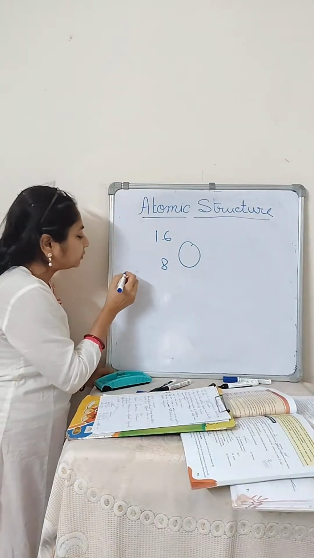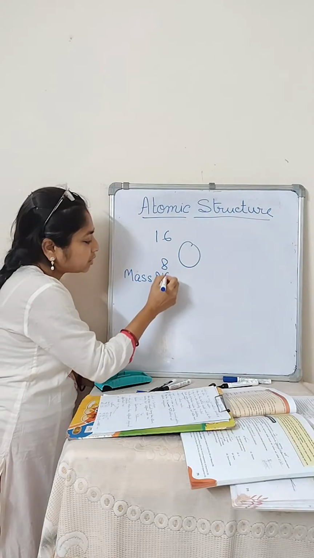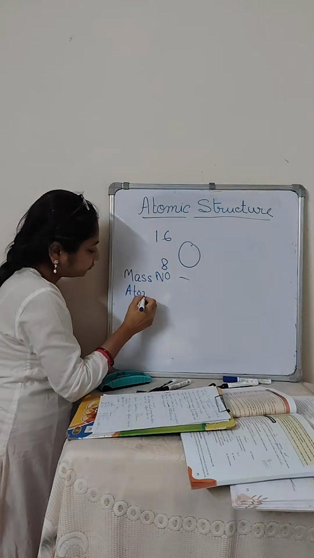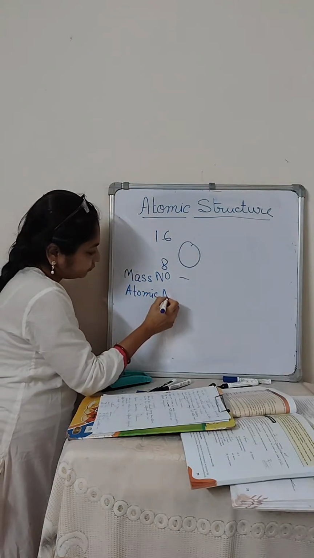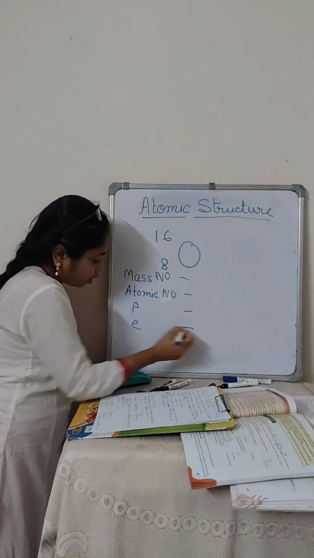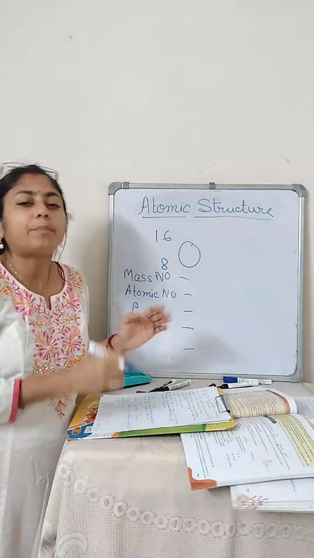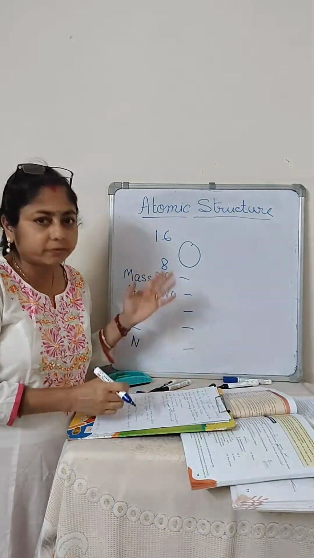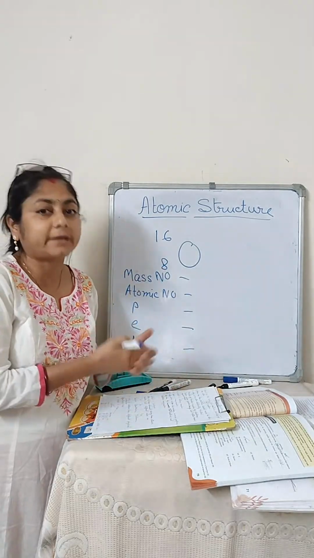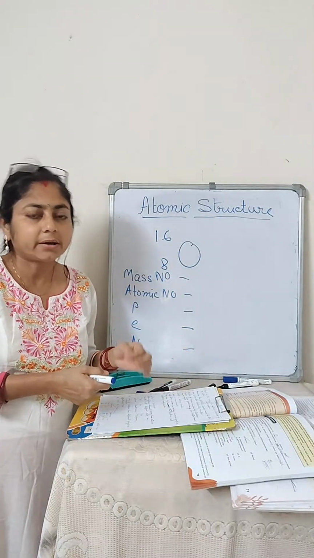Now you find out the mass number, atomic number, proton, electron, neutron. I'll give you 1 minute. Please students try to do it. After 1 minute I explain everything, but it is a test. What you understood in the previous one, you can do this one. Okay? Carry on.